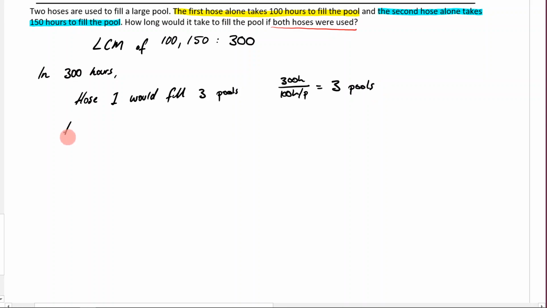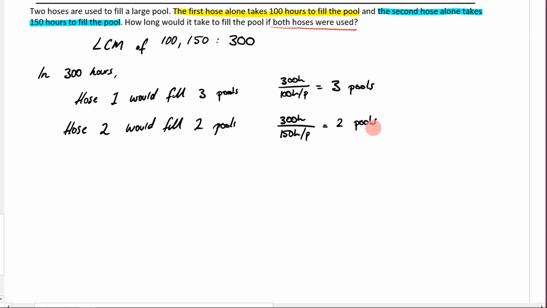And then hose 2 takes 150 hours to fill 1 pool, so in 300 hours it could fill 2 pools. The calculation is 300 hours over 150 hours per pool, so that's 2 pools.